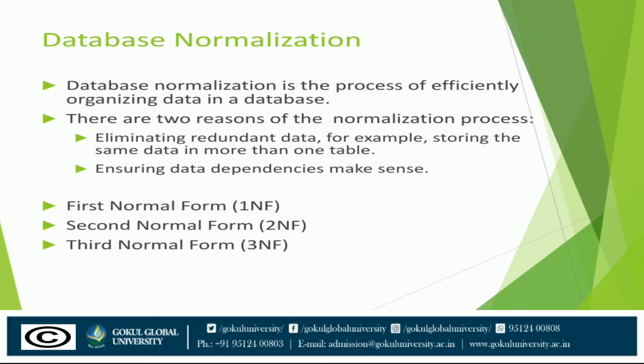The aim of normal form is to organize the database structure so that it complies with the rules of first normal form, then second normal form, and finally third normal form. There are also other normal forms, but here we cover the three normal forms of database.